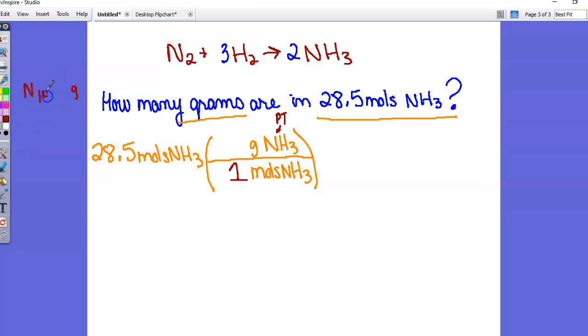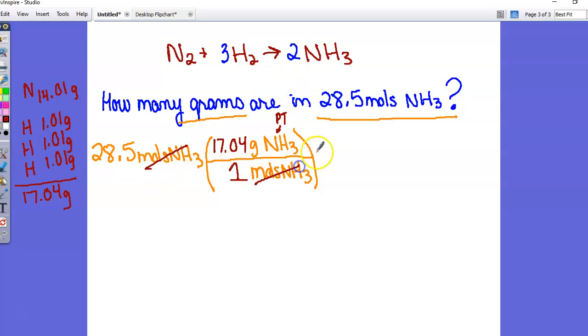N is 14.01 grams. And H is 1.01 grams. And you have 3 of them. So when you add those up, you get 17.04 grams of ammonia, because we always take it to 2 decimal places.